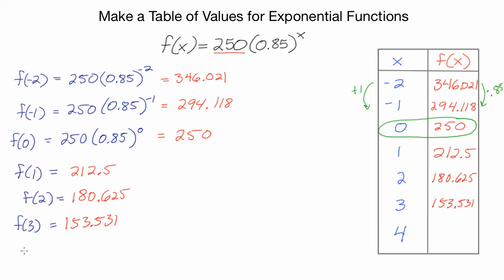And my last one, in my function, if I put in 4 for x, what do I get back? I get 130.502.